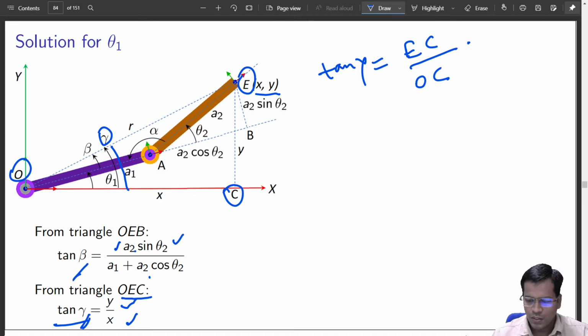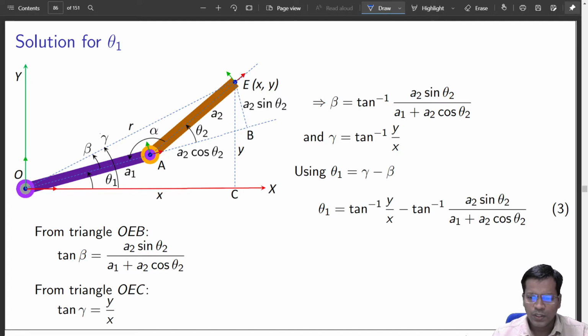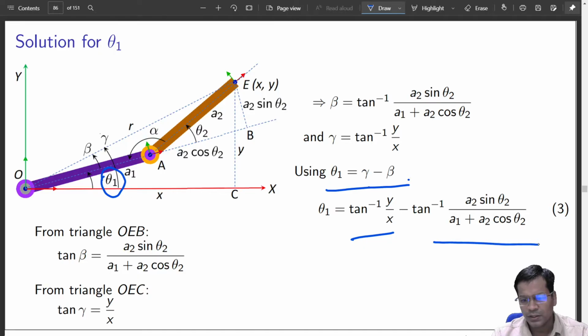Using them for our benefit now: beta is the inverse relation of this, gamma is the inverse relation of this. So now theta 1 is gamma minus beta. Theta 1, that is what we wanted to know. So theta 1 is gamma minus beta, which is equal to this minus this. So that is what we wanted.